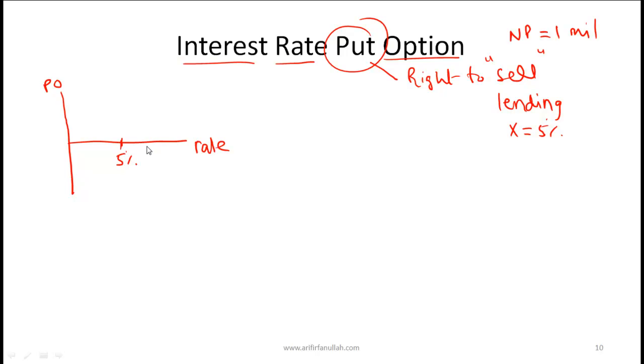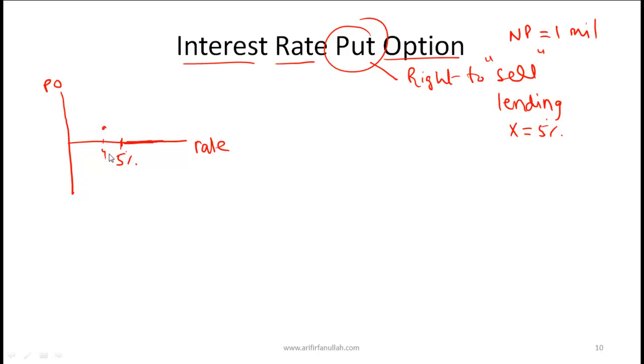The answer is no, because if the market rate of interest is, say, 6%, then we would simply lend $1 million at the market rate of 6%, and the interest rate put option would not be useful. In other words, if the interest rate is more than 5%, then the interest rate put option is out of the money. However, if the market rate of interest is 4%, then our benefit is 1%.